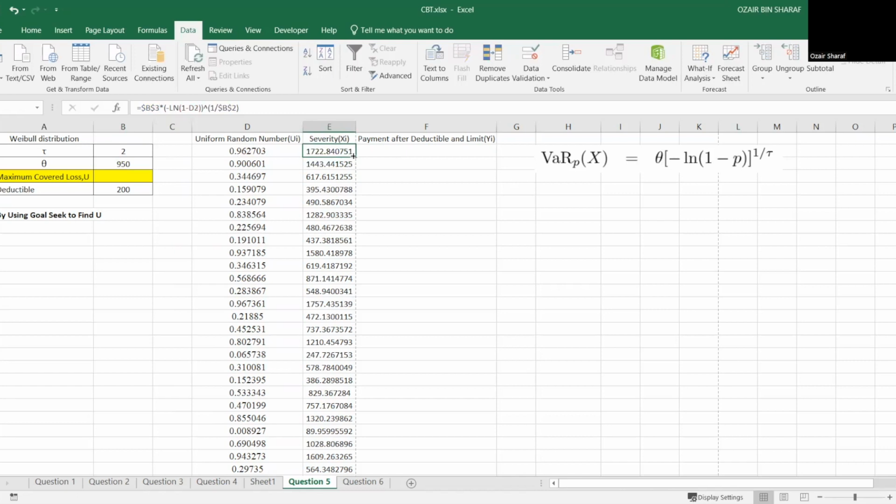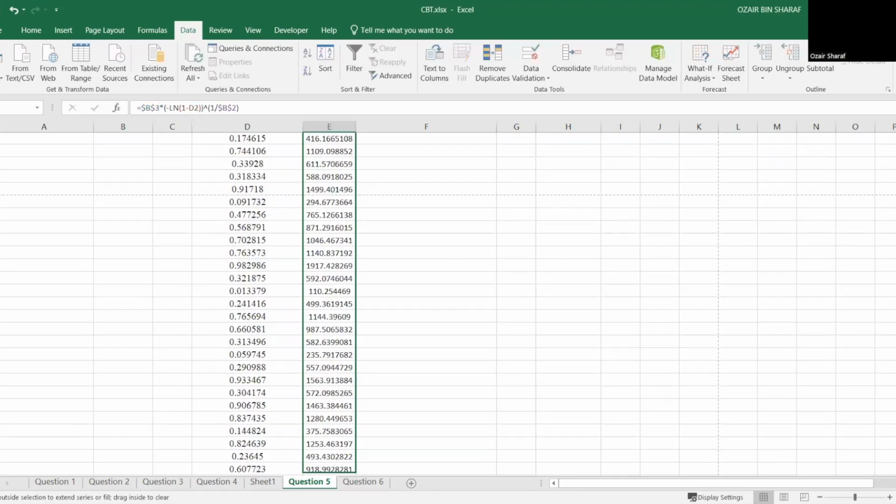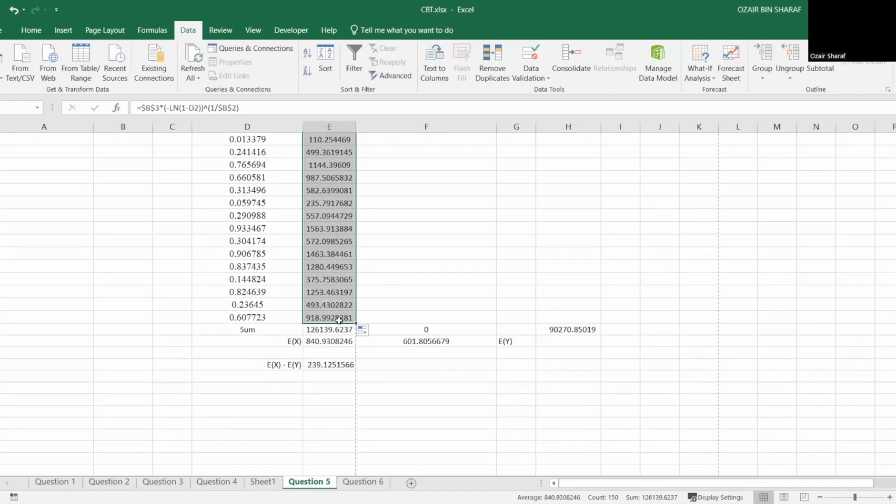The formula is dragged down until the end here. To total them up, you get the summation of the entire thing, which equals 126,139.6237.